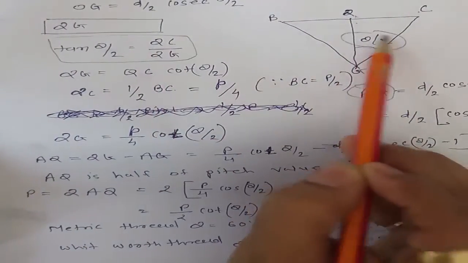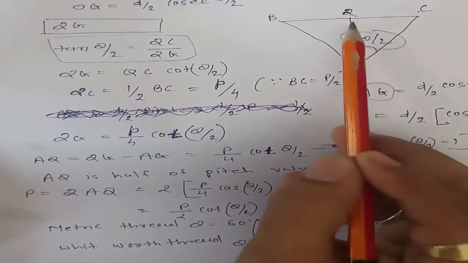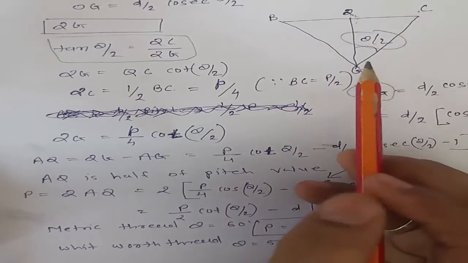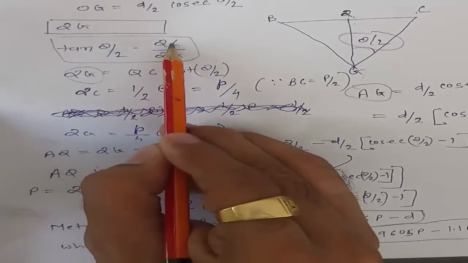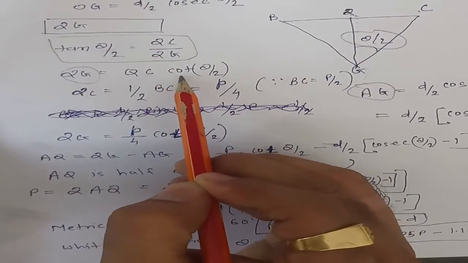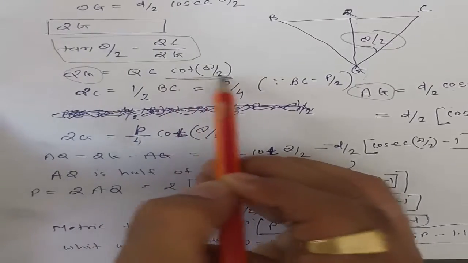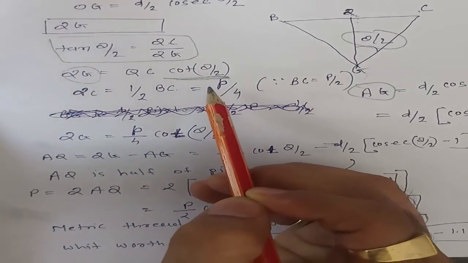So QG is equal to QC upon tan theta by 2, and 1 upon tan theta by 2 is cot theta by 2.